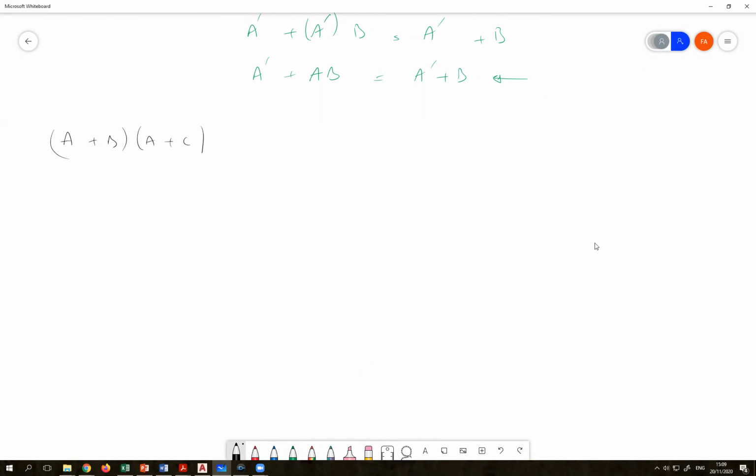I would say this is similar to the distributive rule. What we've got to do is remove the brackets, similar to what we did in basic algebra. The same as distributive, you should multiply them.